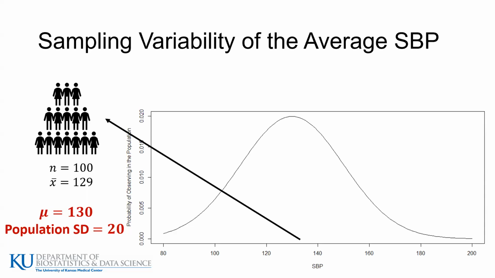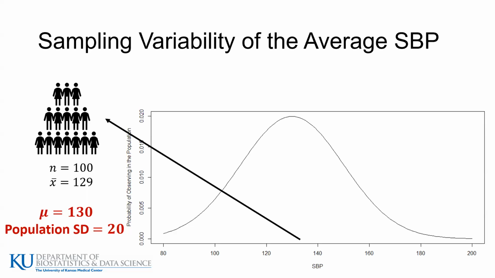Where it looks like a hump and then drops back down, that's around where the standard deviation is. So here in this population, the systolic blood pressure mean is 130 and the standard deviation is 20.